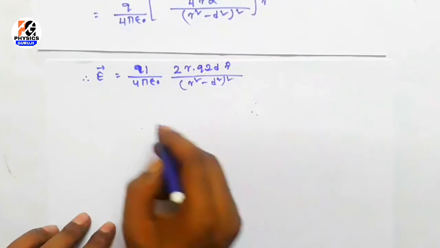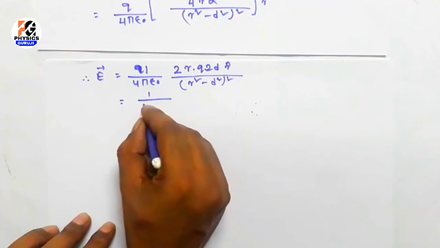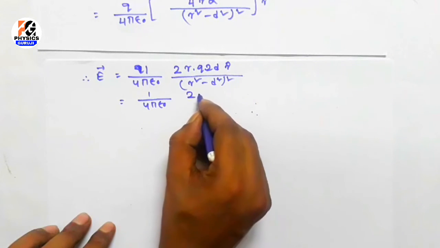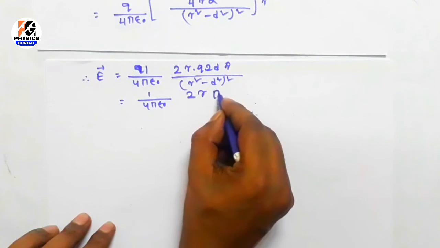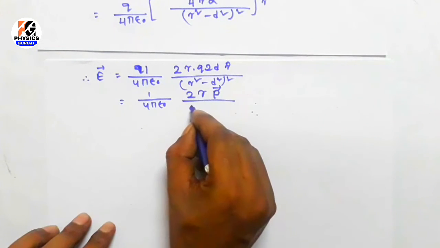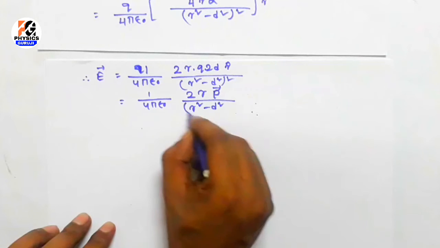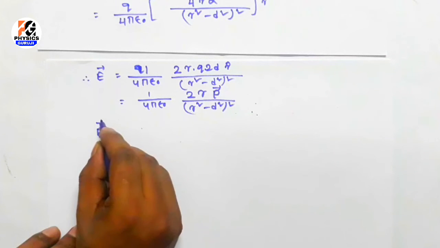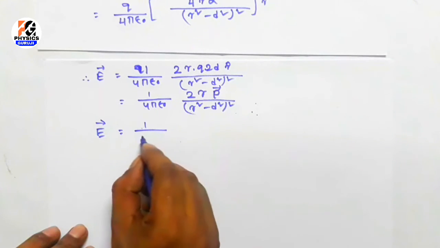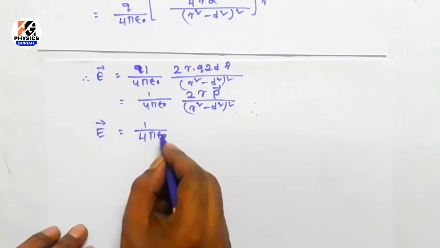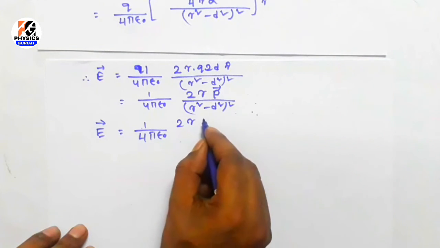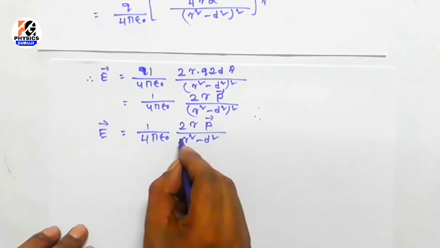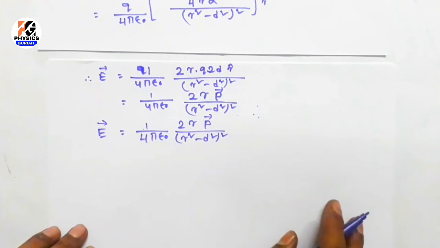Therefore it becomes 1 by 4 pi epsilon 0 into 2 into r into dipole moment p by r square minus d square whole square. So this gives the value of electric field due to a dipole: 1 by 4 pi epsilon 0 into 2r p by r square minus d square whole square.